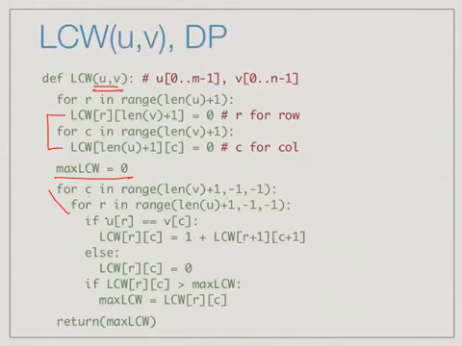For each column, then for each row in that column, you fill up the entry using the equation. If it is equal, I do 1 plus, otherwise I say it's 0. If I see a new entry which is bigger than the entry which is currently the maximum, I update the maximum. This just allows me to quickly find out what is the maximum length overall. And finally, when I've gone through this loop, I would have filled up the entire table, and I will return the maximum value I saw overall.